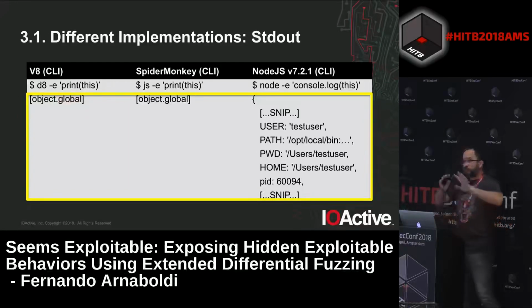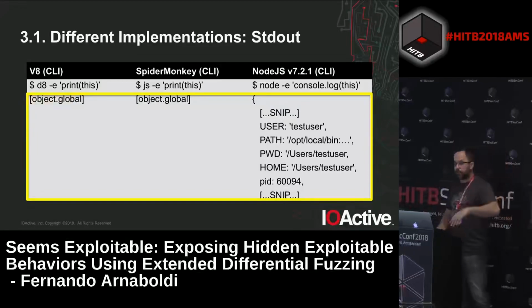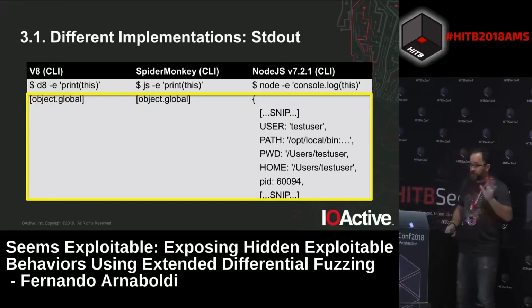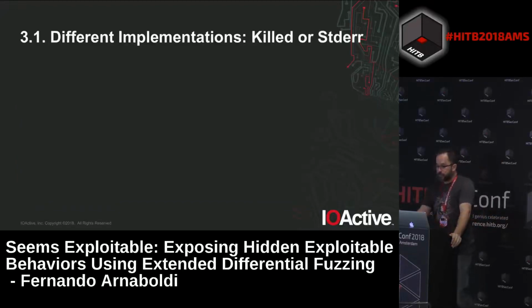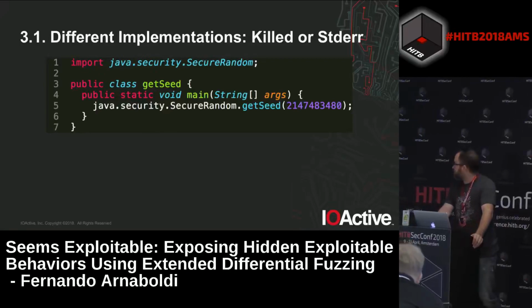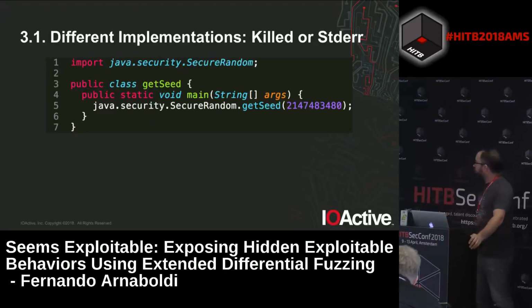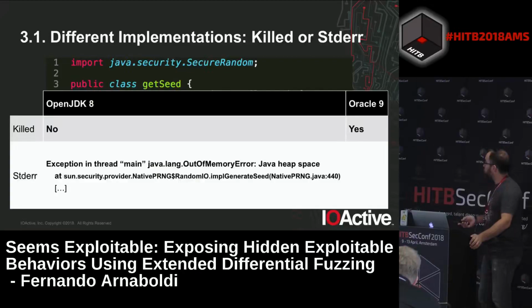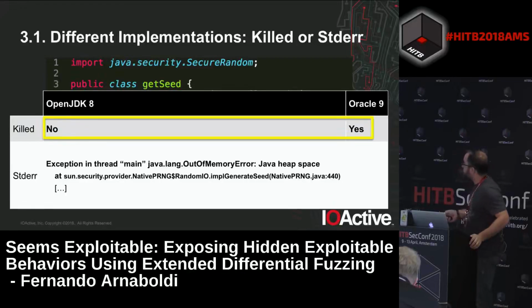So in here we have different implementations, and we know there is something weird going on because the standard output is changing. This is not the only way to detect that something went differently in different implementations. For this talk, I was trying to analyze what happened with certain Java functions. Random numbers are always something interesting, and I was fuzzing this function getSeed in Java parsers. The first column is OpenJDK, the second one is for Oracle.